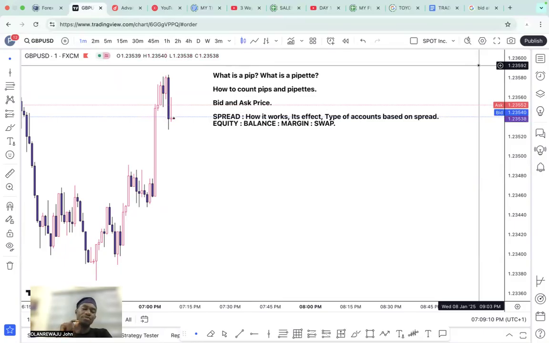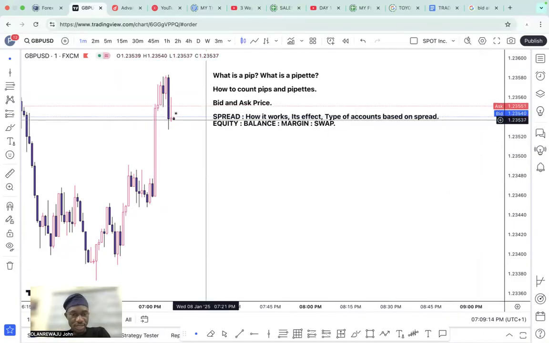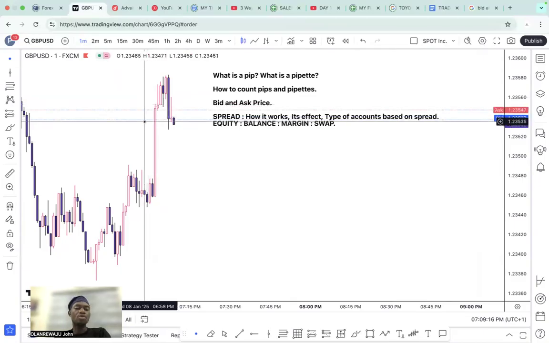What is responsible for that is the pip. So that minute difference or distance that you are seeing is how your own broker makes profits when they are selling to you or buying from you.